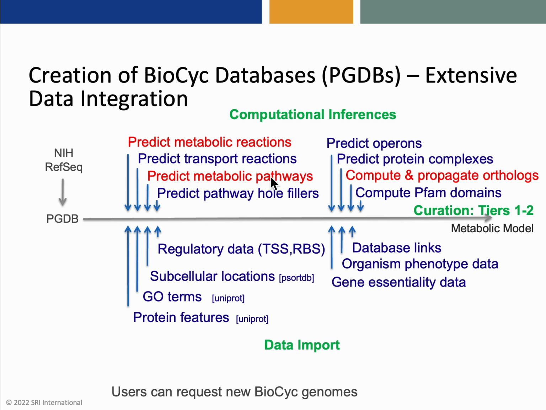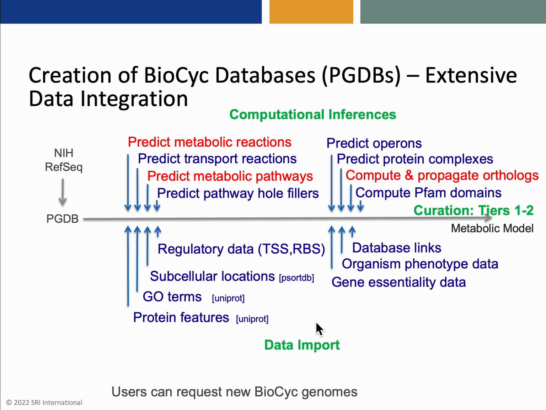Now, all the steps in red are also done by KEGG, but the steps in blue are not done by KEGG. So additional computational inferences that we perform are to predict transport reactions that the transporters of the organism catalyze. We predict pathway hole fillers. We predict operons of the organism and its protein complexes. And we compute PFAM domains across the organism.